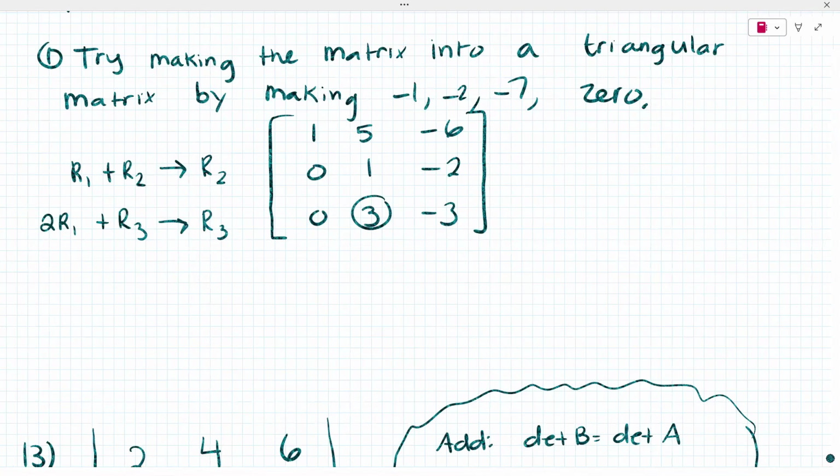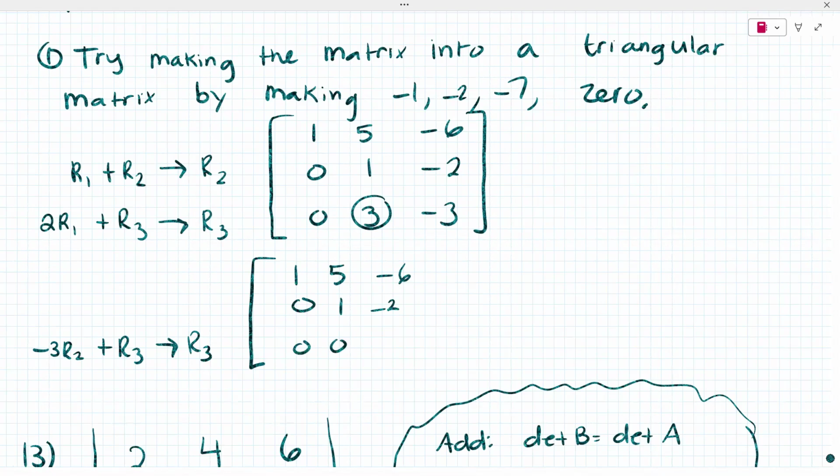Because this 3 is technically in row 3, maybe we could use -3 row 2 plus row 3 gives us row 3. You get 1, 5, -6, 0, 1, -2, 0, 0, 3. And now you have a triangular matrix.